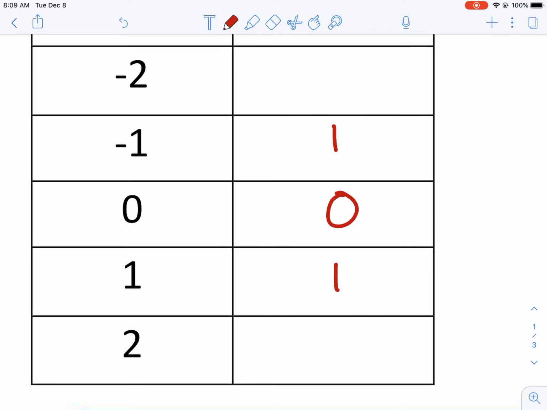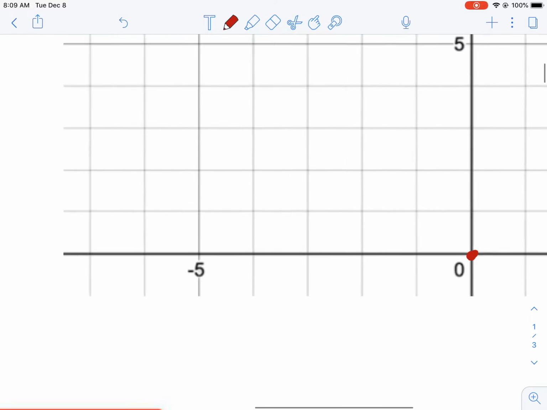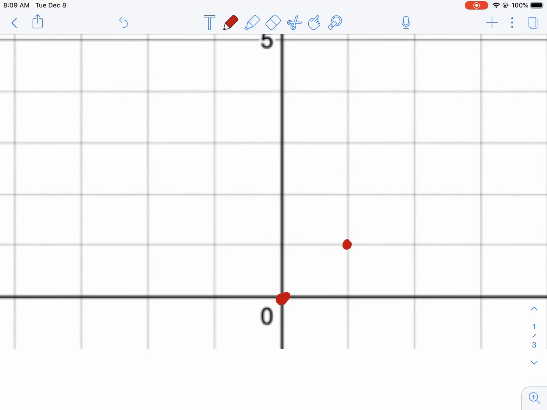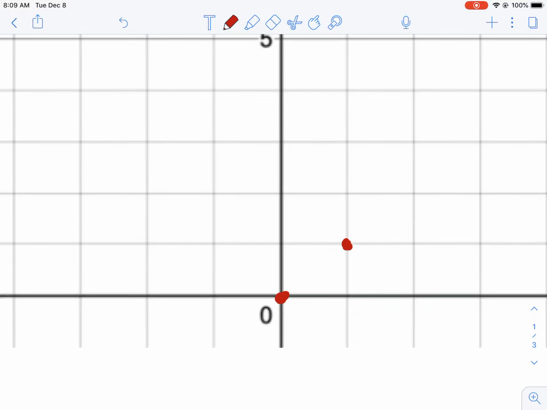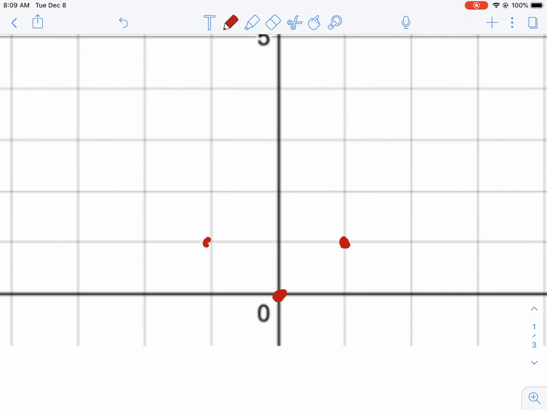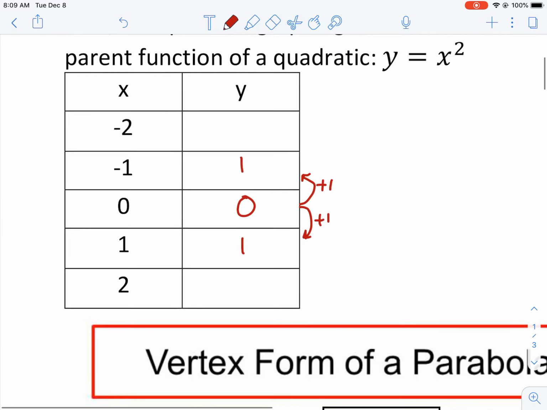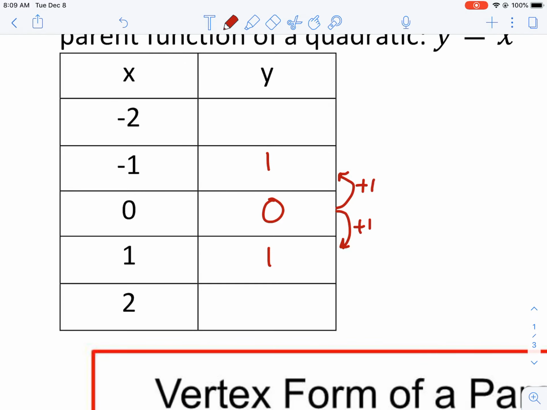So the first jump that you make is an increase of 1. So we're going up 1, up 1. The next number squared, 2, 2 squared is 4, -2 squared is also 4. So the second jump from the vertex that you make is up 4 because that's the next perfect square.